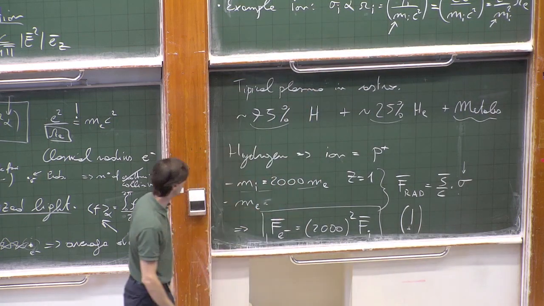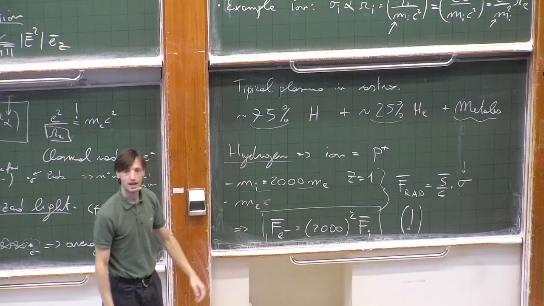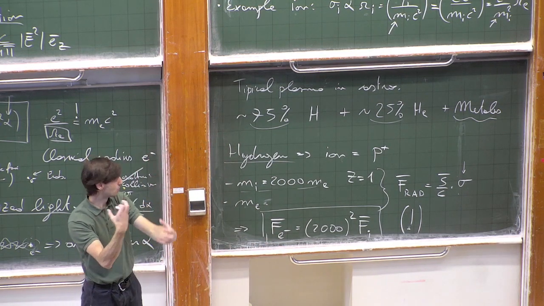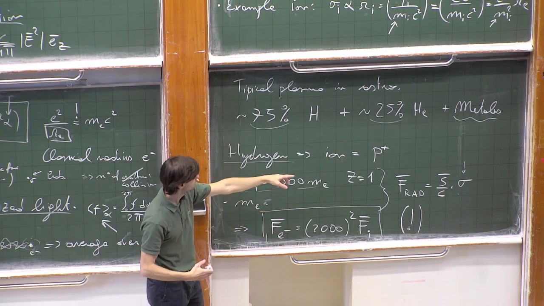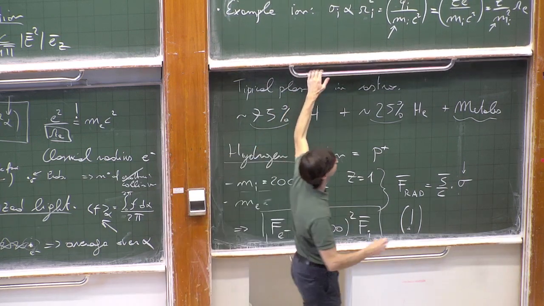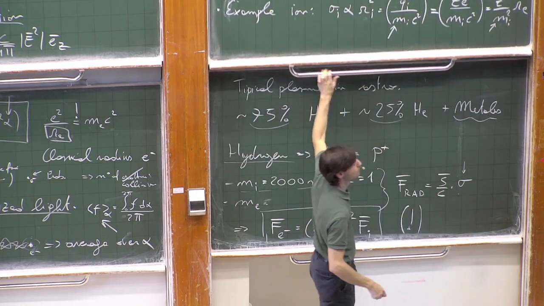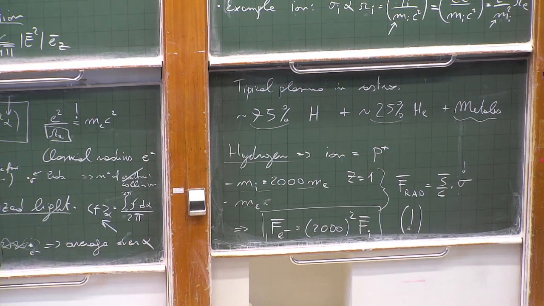And here, in the example that I gave you, if we take, for example, fully ionized hydrogen, you have your free electrons and you have your protons, and you know that the cross-section of the protons is 2000 to the power of 2 times smaller with respect to the one of the electron. And this is super important, as we are going to see in the derivation of the Eddington luminosity that I'm going to do after the break.